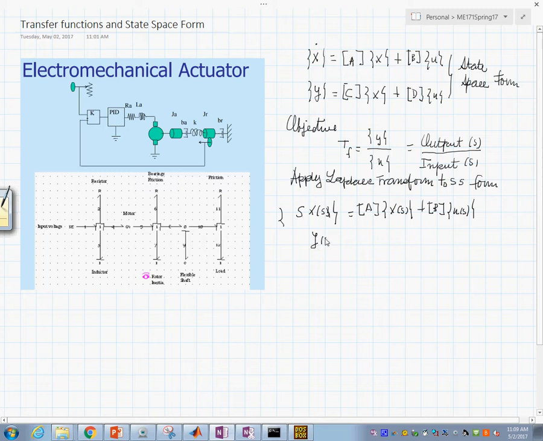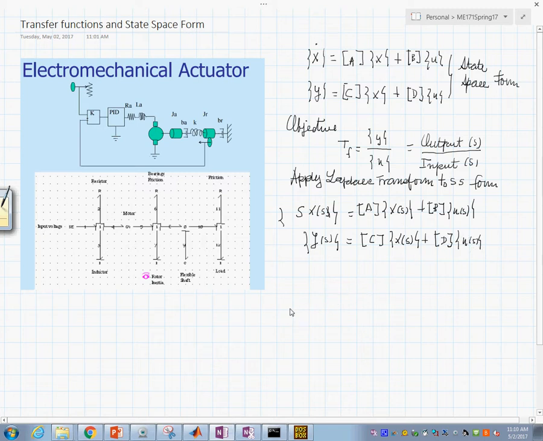So y of s is going to be equal to the matrix C times x of s plus the matrix D times u of s. Very good.